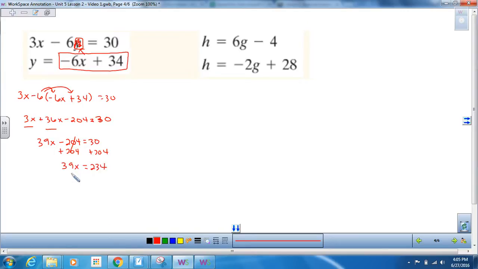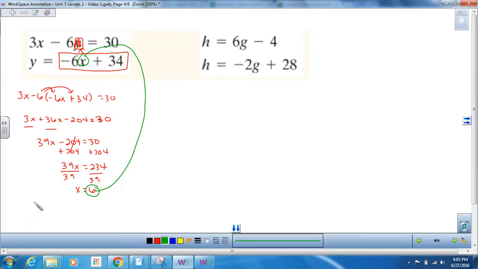That's 234. Divide by 39. And we get 6. Okay? We need to now plug that in to find y. You can choose top or bottom, but the second one is usually the easier one. The one that you substitute in.